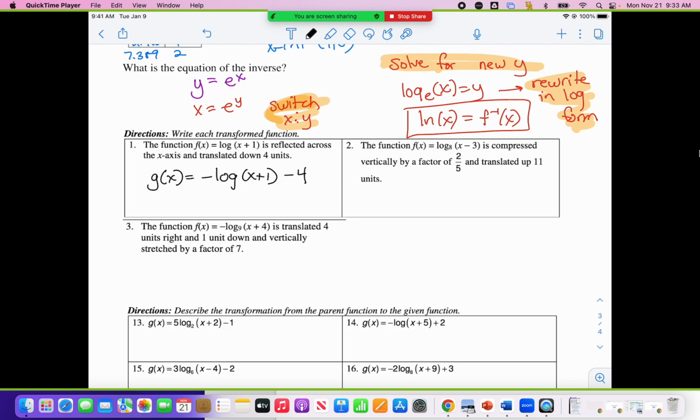All right, number 2. The function f of x equals log base 8 of x minus 3 is compressed. What's another word for compressed? Shrunk, I guess. Shrunk vertically by a factor of 2/5 and translated up 11 units. Go ahead and write your equation, and call it anything other than f of x.